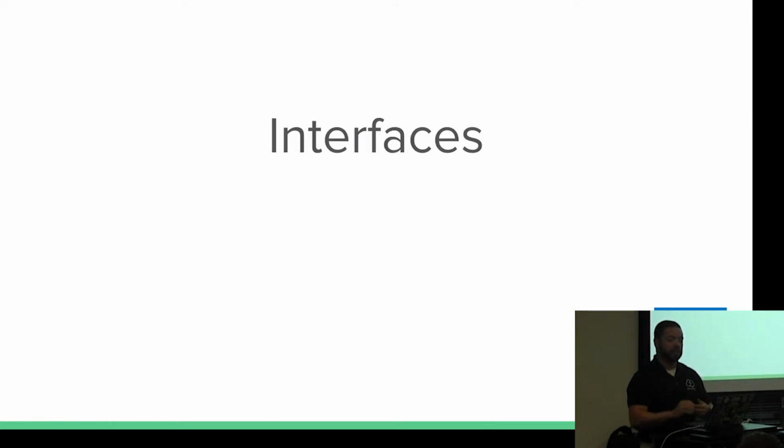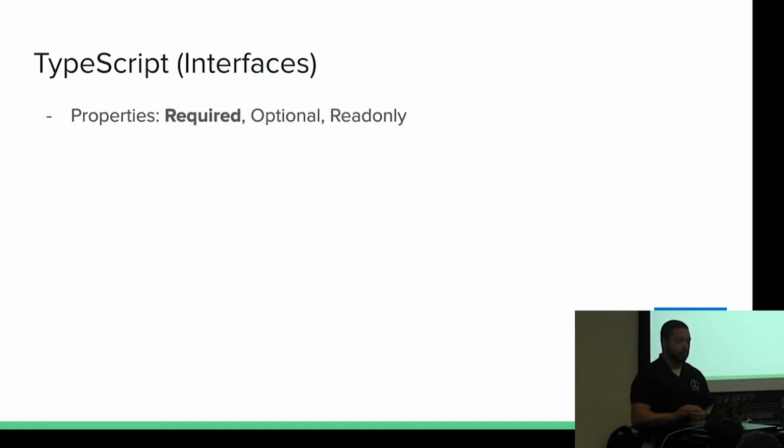But we get now into interfaces. So interfaces are, to break them down, simply a contract by which either an object has to behave or a function has to return. So here, we're going to show you some properties of interfaces.